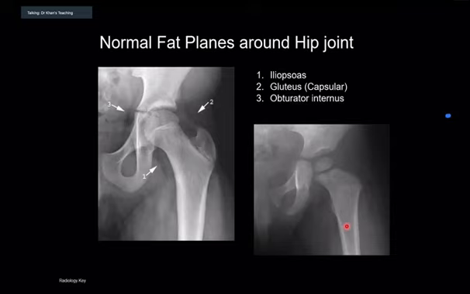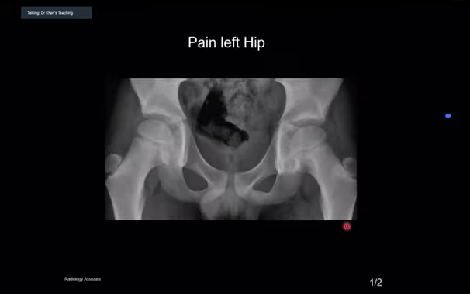So you have to tell the examiner if they are distended or not. Another word which should be in your vocabulary is obliteration of fat plane. Sometimes if you compare right and left, the fat plane might be lost, and that is also taken as a sign of infection.